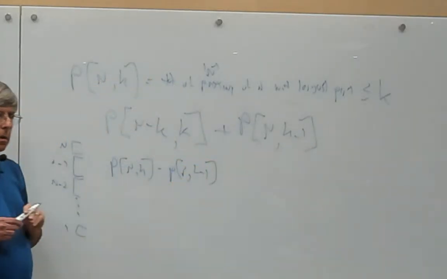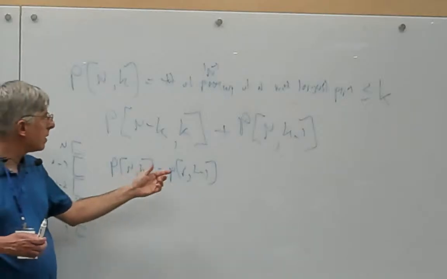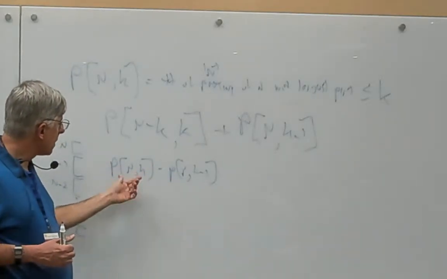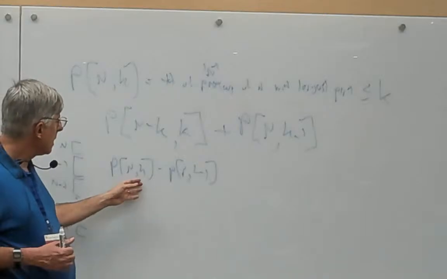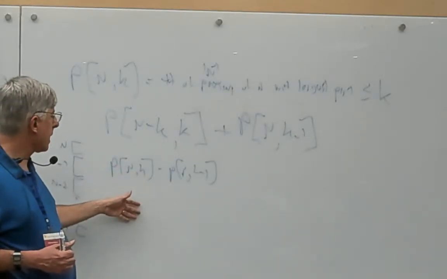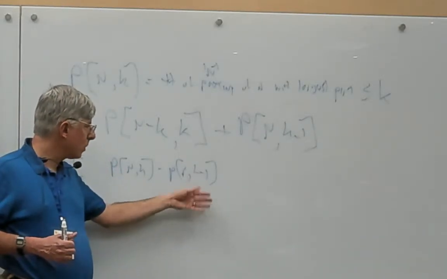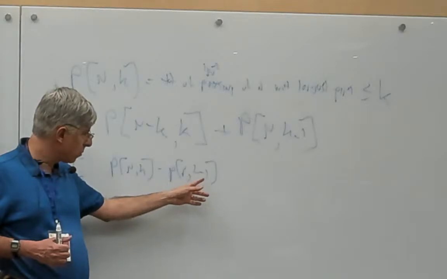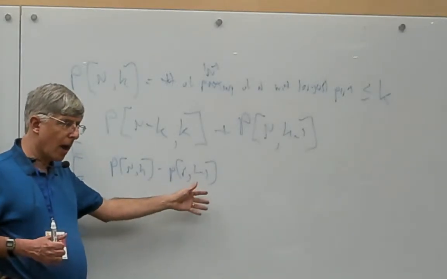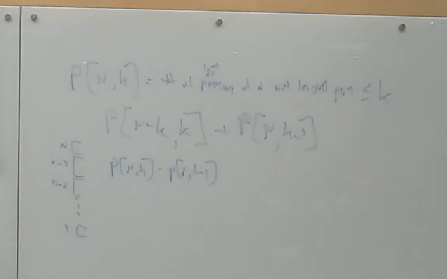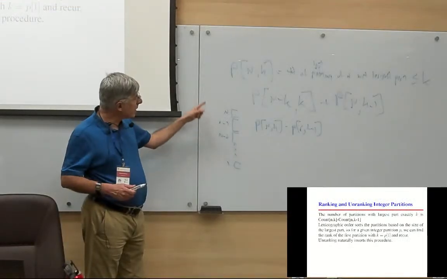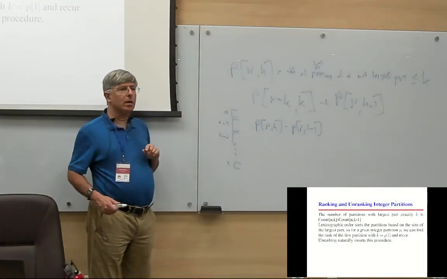These are all the ones with largest part less than or equal to k, minus all the ones with largest part k minus 1 or less. That's going to leave the ones with largest part k. So how do we rank or unrank these things?